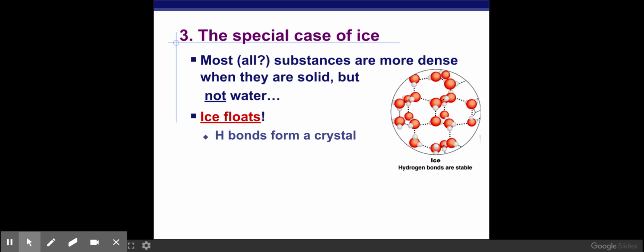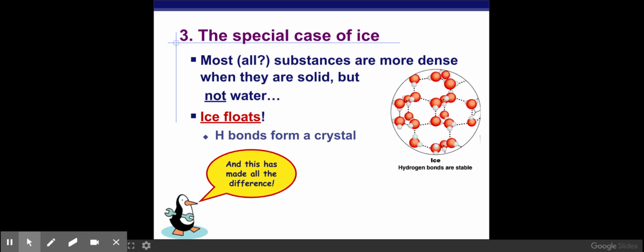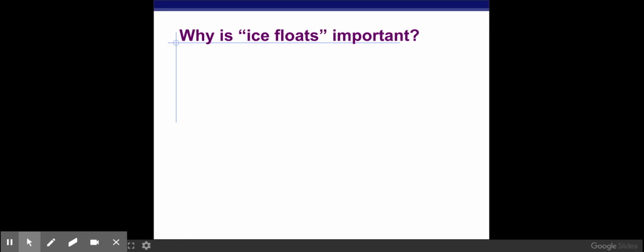Remember, the positive part wants to be near the negative part of another water molecule. And so when they go into that solid form, they're going to try really hard to form this kind of crystalline structure so that everybody's happy. And to do that, they space out, which gives them that less dense structure.